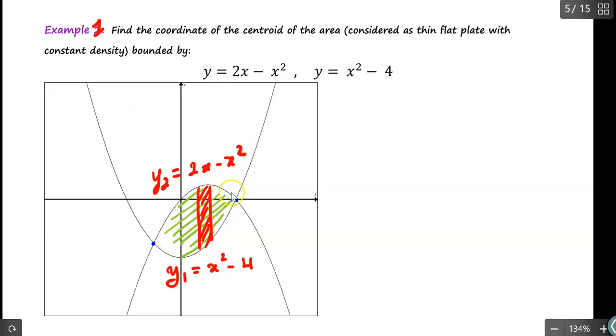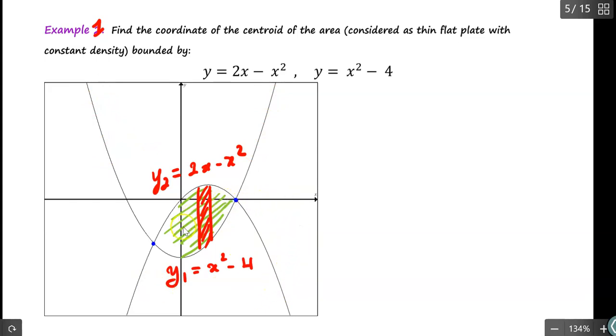Within here, you can see that the parabola that opens down is the upper function, and the parabola that opens up is the lower function. If you look outside, you tend to think that this parabola is the upper function and this one is the lower function, which is incorrect.